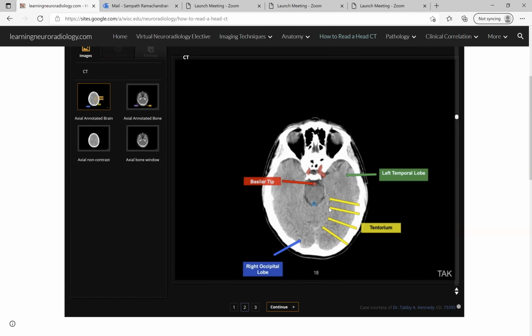You can see it quite well on the CT. I think there's a case I can also show you where you can see the bleed. You also have to look at this structure and make sure it's not thickened. This is how it should look, very thin and barely perceptible.